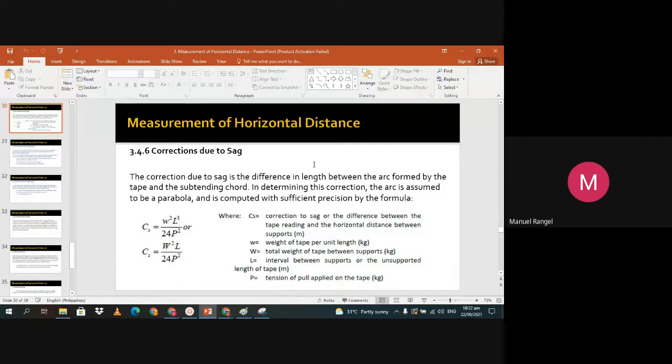So if the support is only at its ends or at the two points measured, it will sag. It will sag even if the standard pull is maintained because of its own weight. So the tape takes the form of a catenary when it sags between points of support, just like an electric or telephone wire which hangs and swings loosely between two posts.